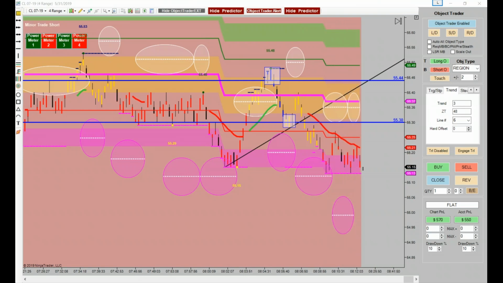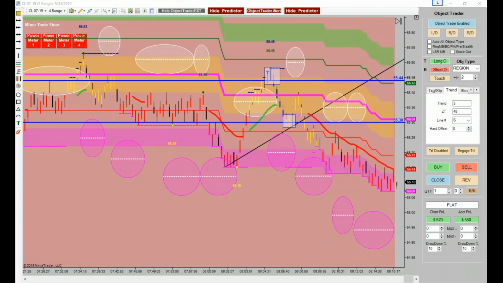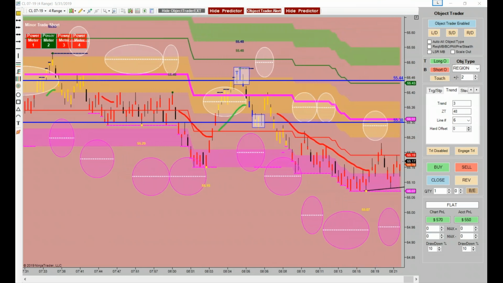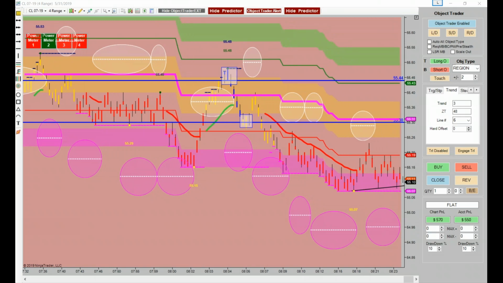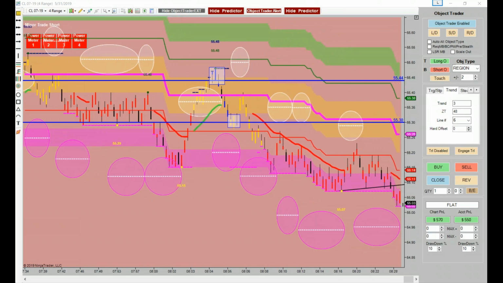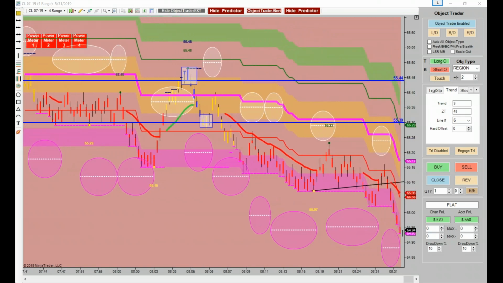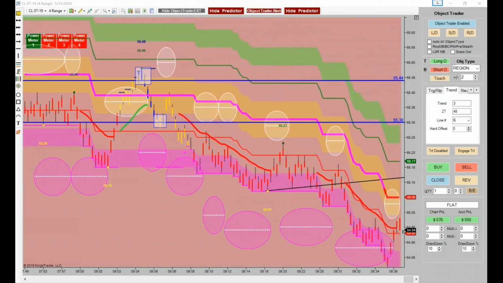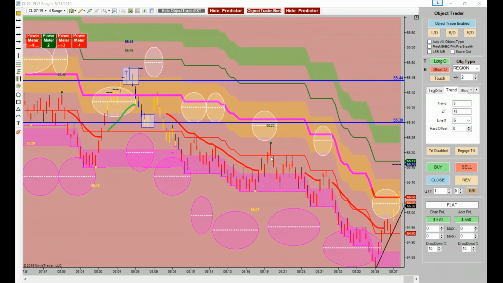Let's see if we can get any more trades. See where you'd stop. Could have stopped already, right? That was a monster trade. This right here is an area that you want to really teach yourself to look for too.